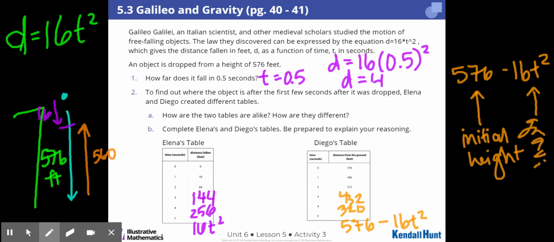Why my computer's not letting me write gravity sideways. Gravity. There we go. Sorry if that's hard to read. But yeah, the negative 16t squared, that's the effect of gravity. So that's what's pulling it to the earth faster and faster and faster. That's why when you drop a penny off of a tall building, by the time it hits the ground, it's going to be going real fast.